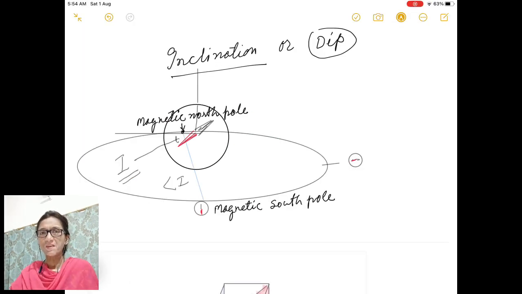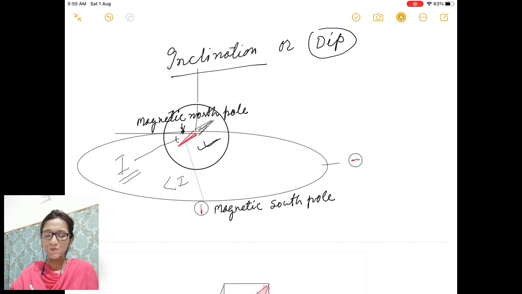Inclination, or dip, is one of the elements of Earth's magnetism. When you place a compass needle in a vertical plane such that it is free to rotate in the vertical plane, you will find that the compass needle makes a certain angle with the horizontal direction. That angle is called inclination.